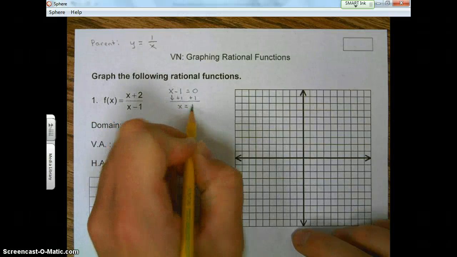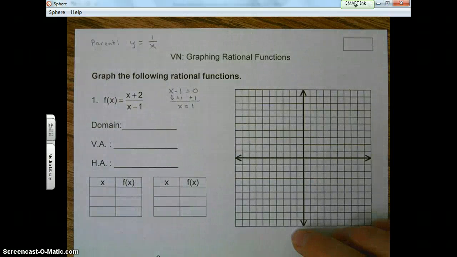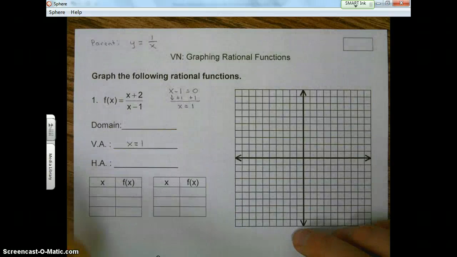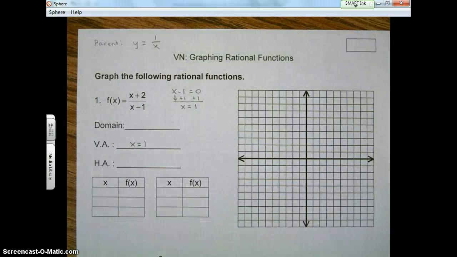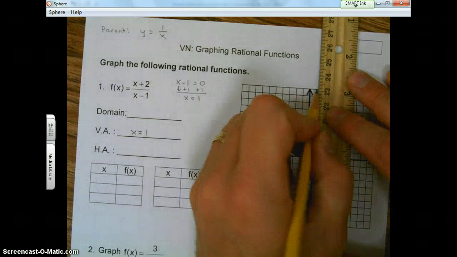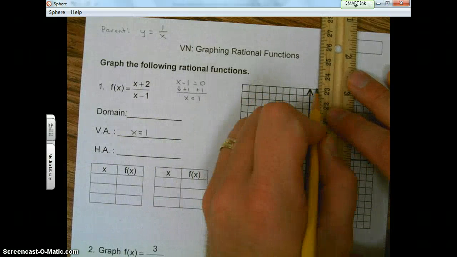So our vertical asymptote is x equals 1. Which means that at x equals 1, we have a vertical asymptote.